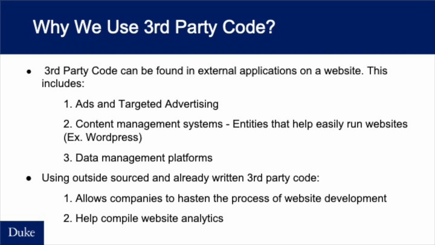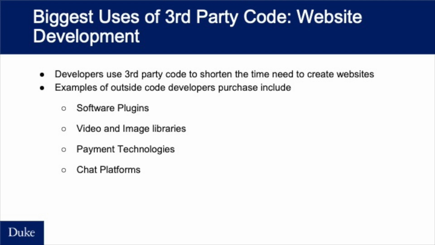As I mentioned earlier, third-party code can come in the form of software plugins, video and image libraries, payment technologies, and chat platforms that all allow companies to take this already coded program and embed it into their website with ease. So what are the biggest uses of third-party code? First, as I mentioned before, website development.